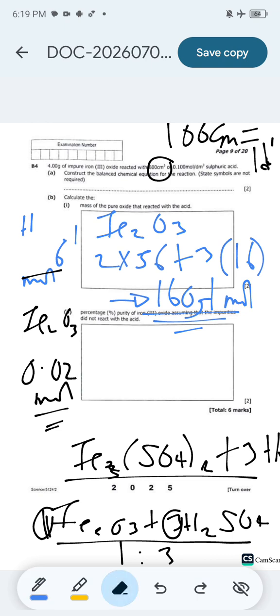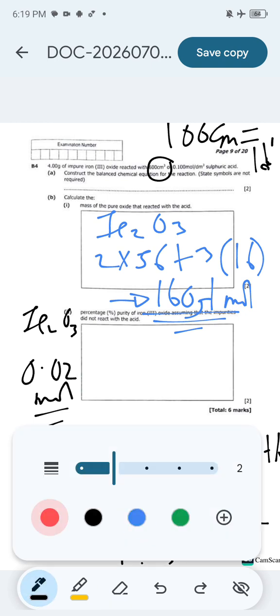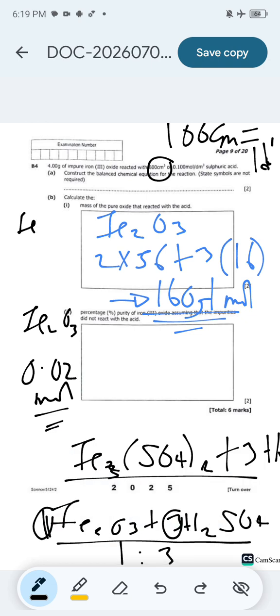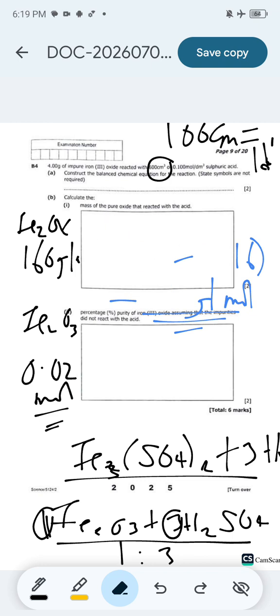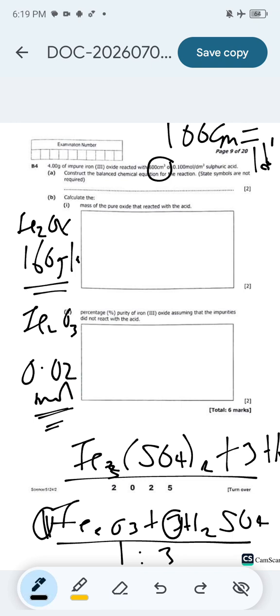So since the sulfuric acid just helped us to find the mole of iron 3 oxide, we can cross it off, and then we are going to remain with iron 3 oxide molar mass, which is 160 grams per mole. Now that we have the molar mass and we have the number of moles, we can calculate the mass of iron 3 oxide.